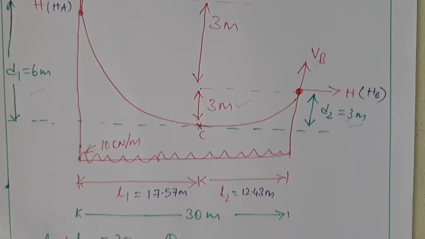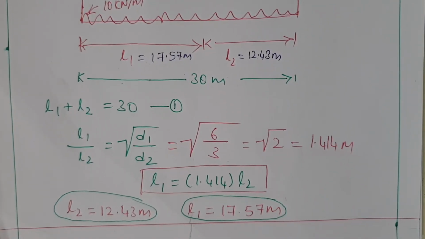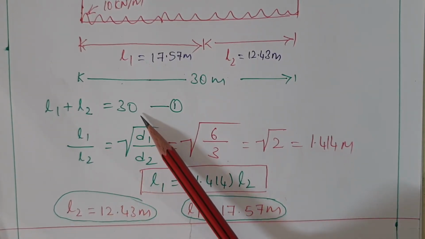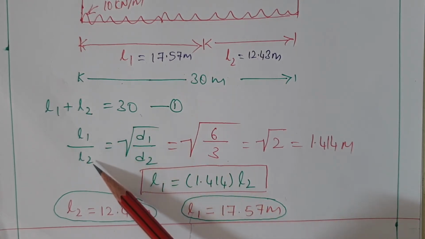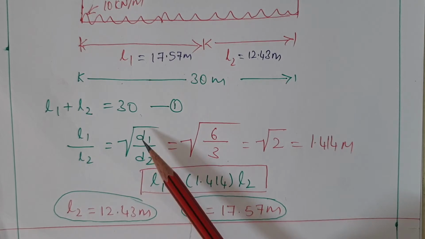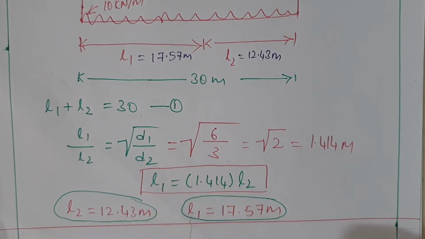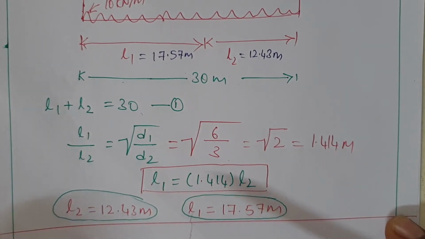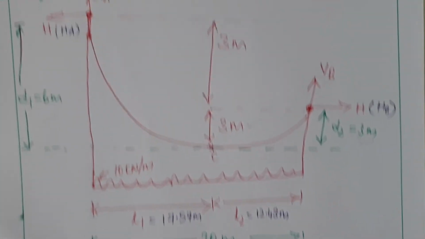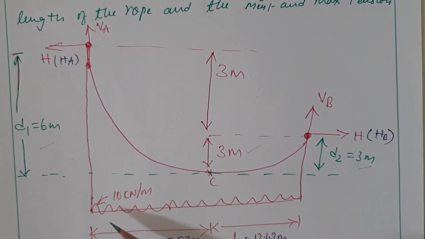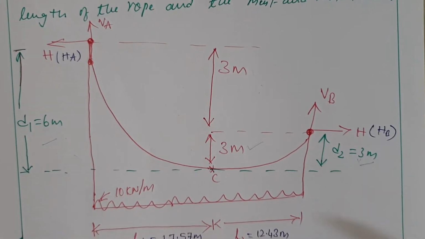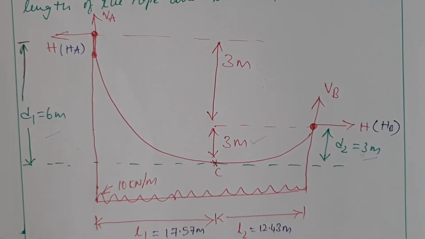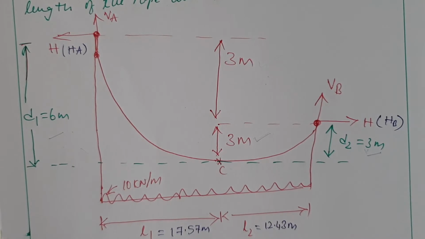So L1 plus L2 equals 30 meters, and L1 by L2 equals root of D1 by D2, where D1 and D2 are the dips with respect to A and with respect to B. They have also given clearly that there is a UDL of 10 kilonewton per meter throughout the horizontal length, so it acts along the horizontal distance.